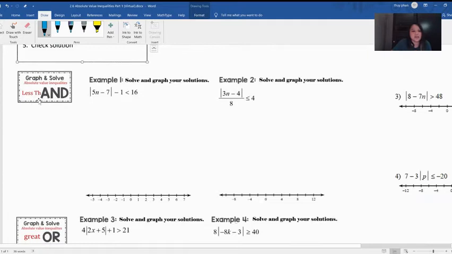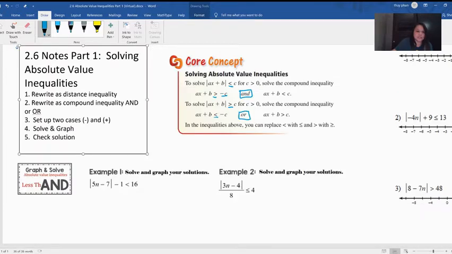I gave you this little icon to help you remember. It says graph and solve absolute value inequalities less than. That's your hint. If I read an example and it has less than in it, then it's going to be an and, which is an intersection. So remember, we talked about it being an intersection.